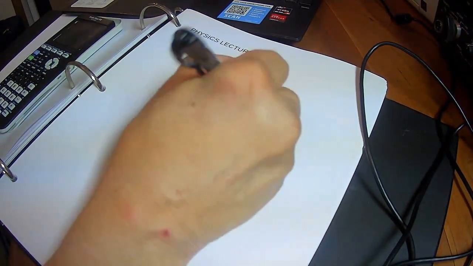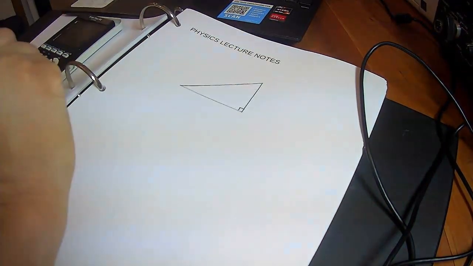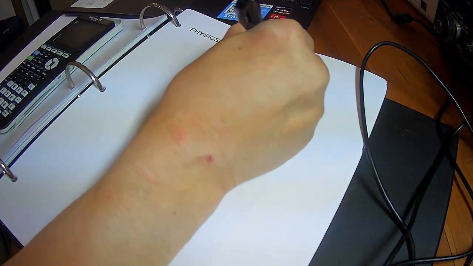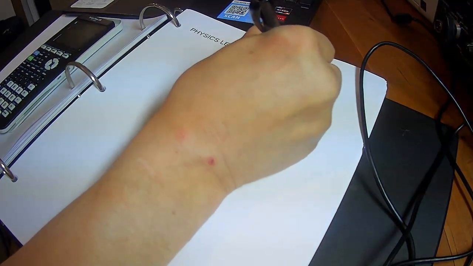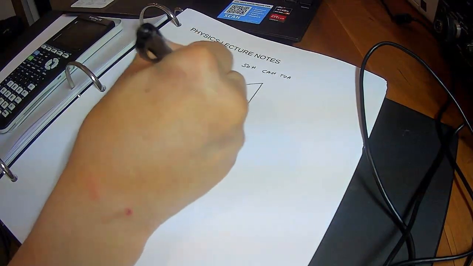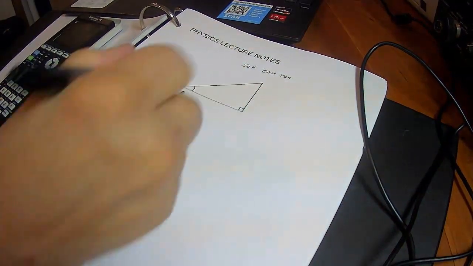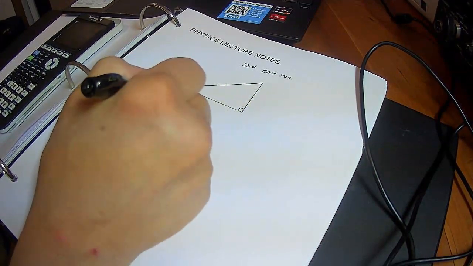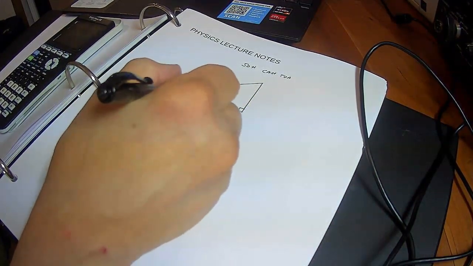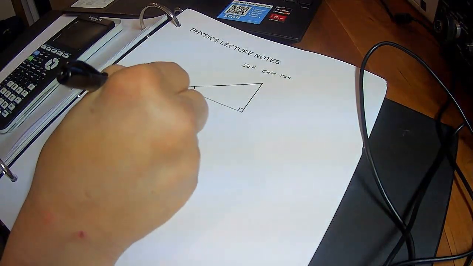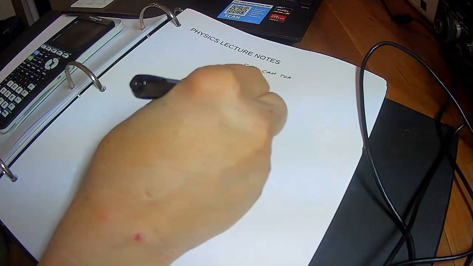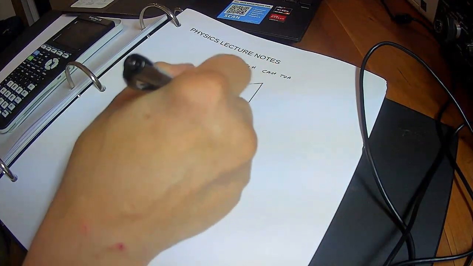If I have a right triangle, remember SOHCAHTOA, and if I have an angle here, call it theta. The ratios between the various sides are related to this angle. You know that the cosine of theta, this angle, is the adjacent over hypotenuse.